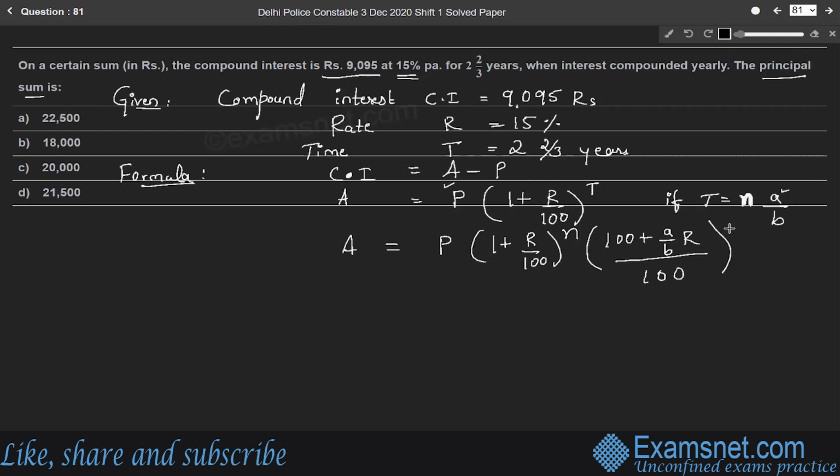Where A is amount, P is principal, r is rate of interest, n is the integer, and a by b is the fraction part.